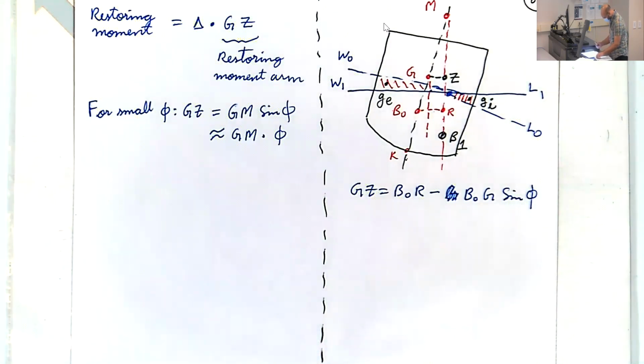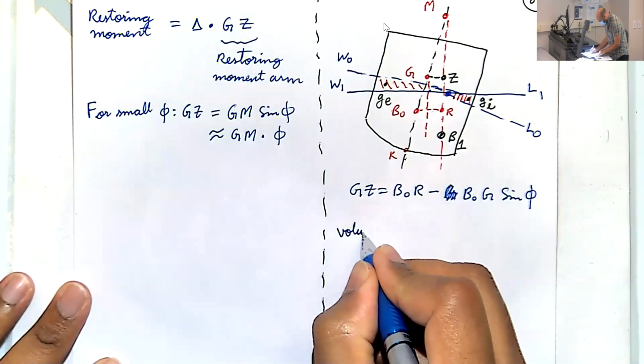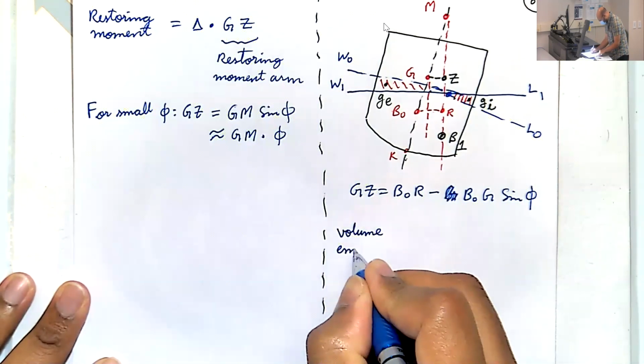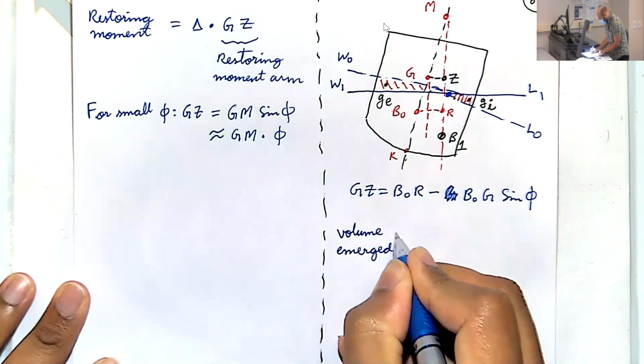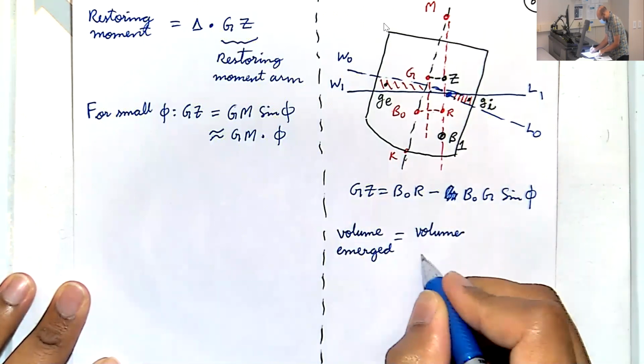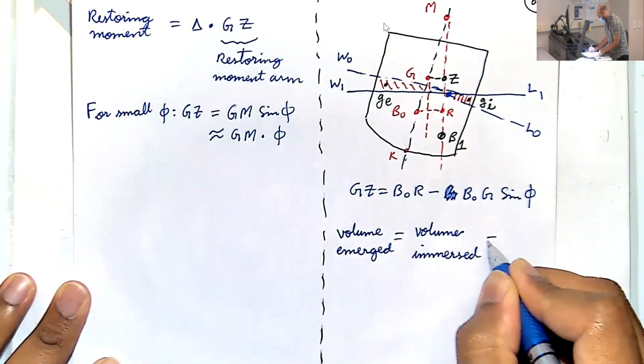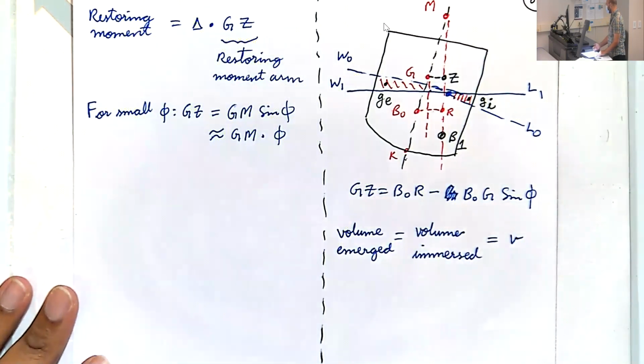Then let's call the volume emerged, which is equal to the volume immersed, both of them little v. They have to be equal.